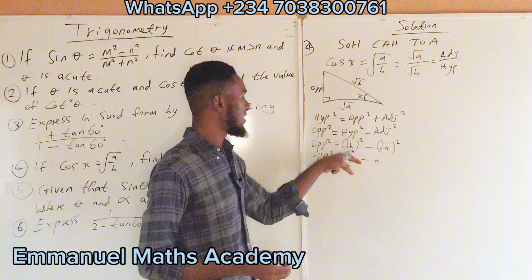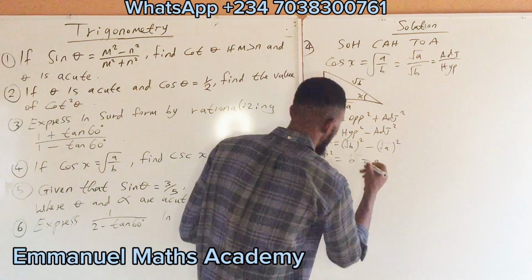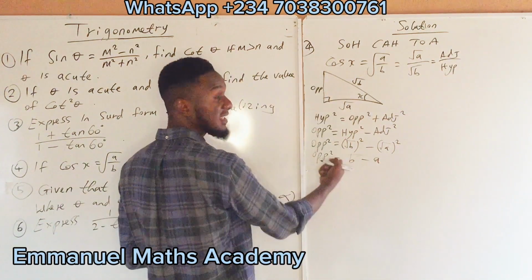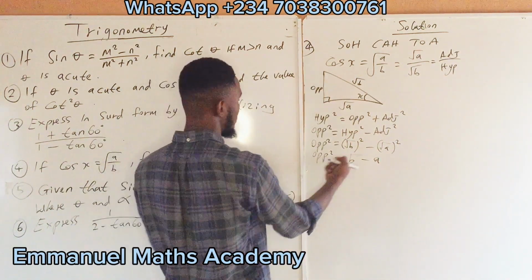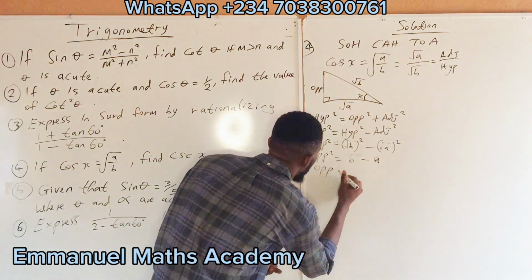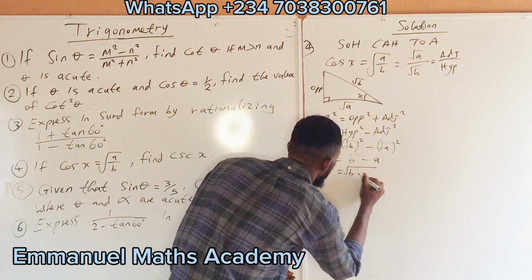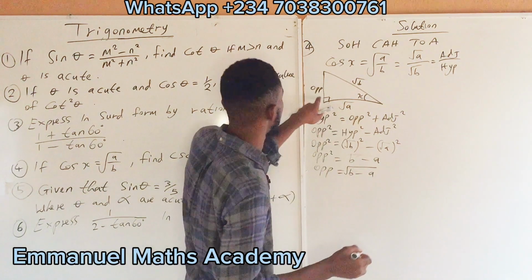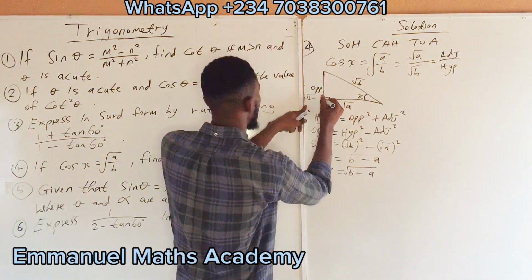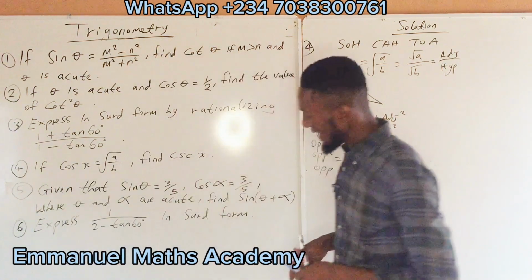The square root of b raised to power 2 is b. The square root of a raised to power 2 is a, right? That means you have b minus a. Now, taking the square root of both sides, you now have opposite equal to square root of b minus a. Hence, this opposite here is square root of b minus a, right?